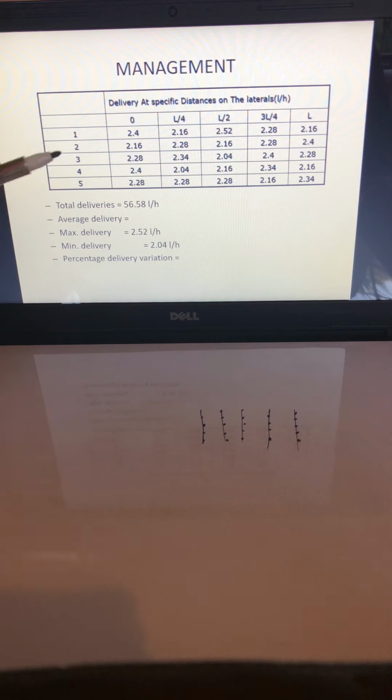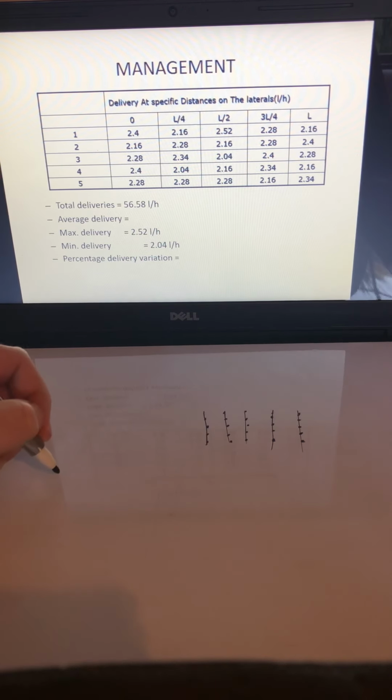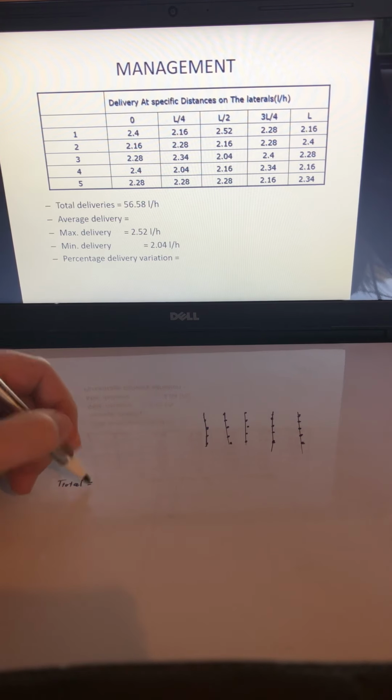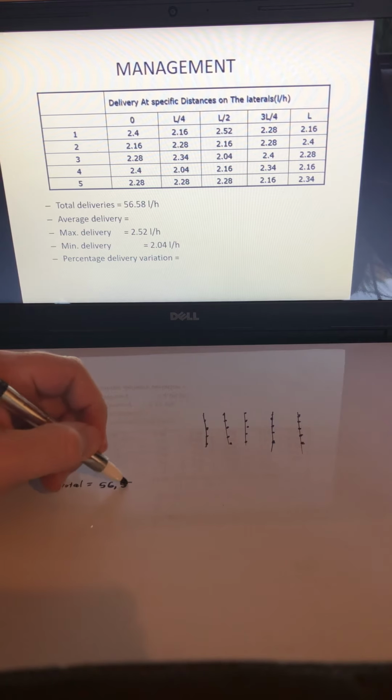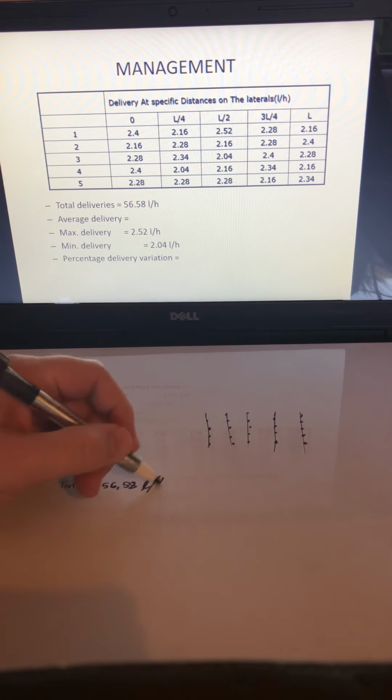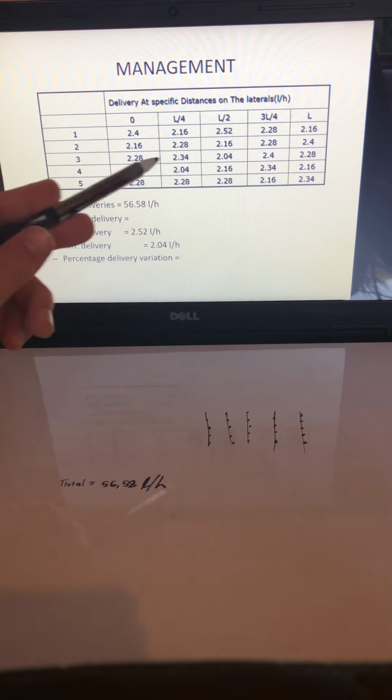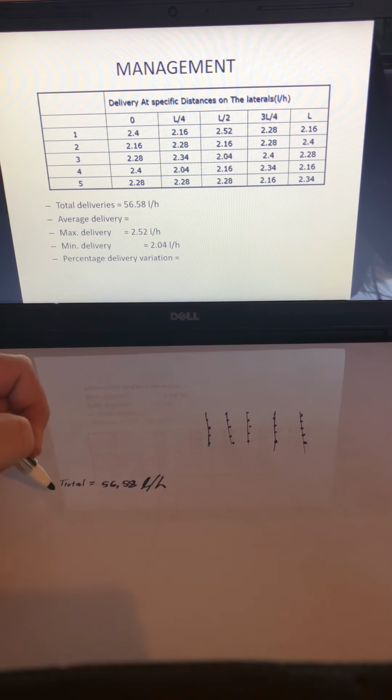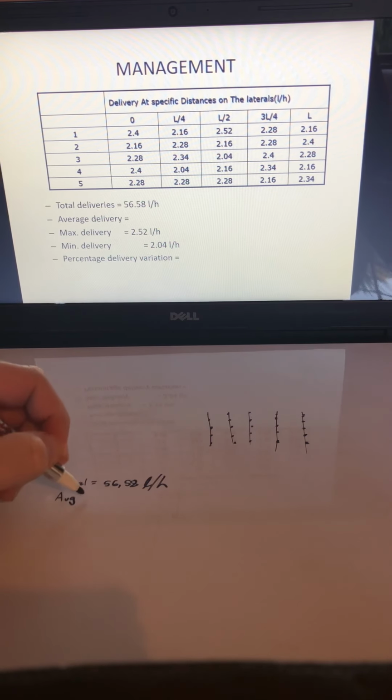So you can maybe just trust me on this one, but if we add all of this together, we get a total of 56.58 liters per hour. So that's when we add every single one of these together. And now we want to get an average.